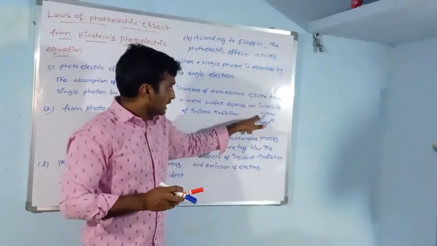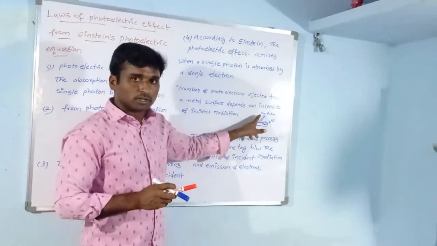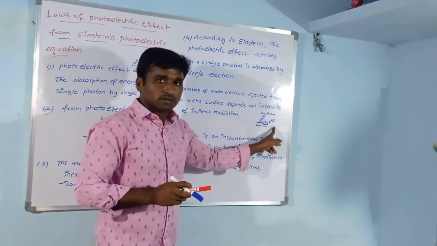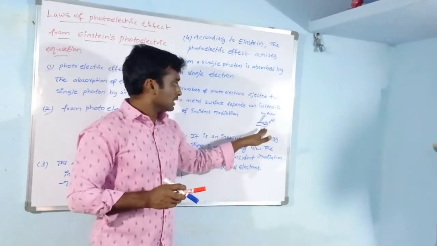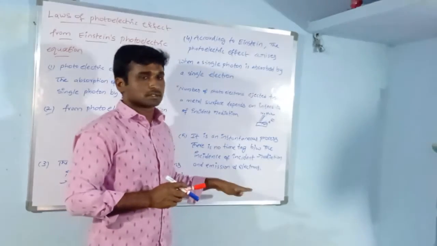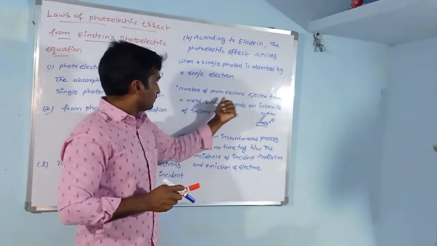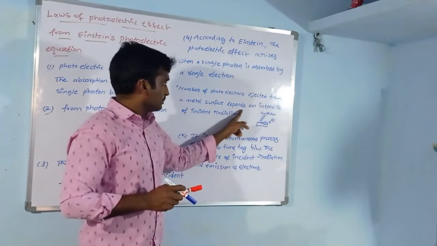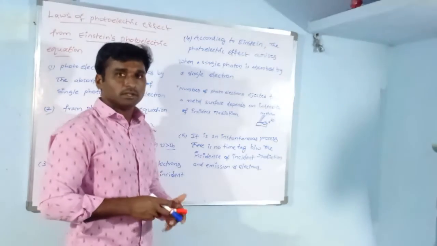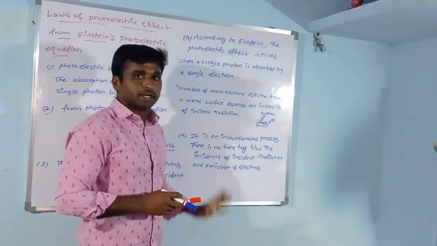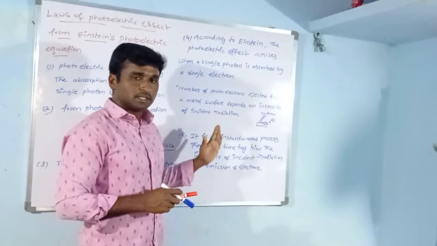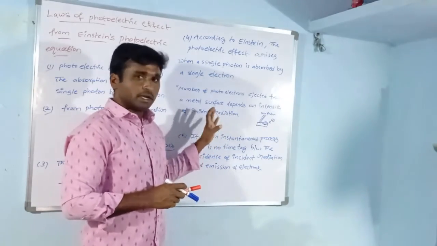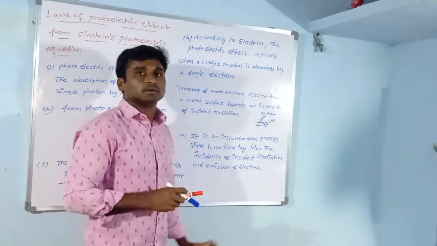That means as the number of photons incident on the metal surface increases, the emitted electrons also increase. So the number of photoelectrons ejected from the metal surface depends upon the intensity of the incident radiation.